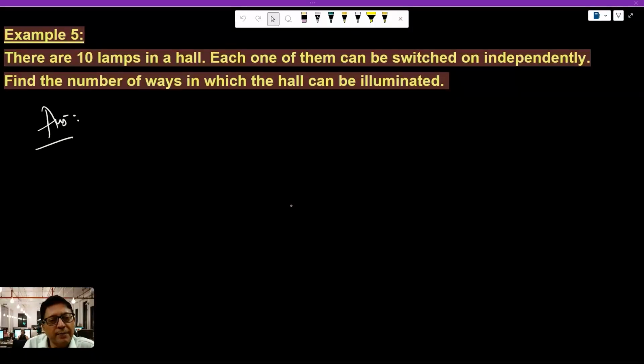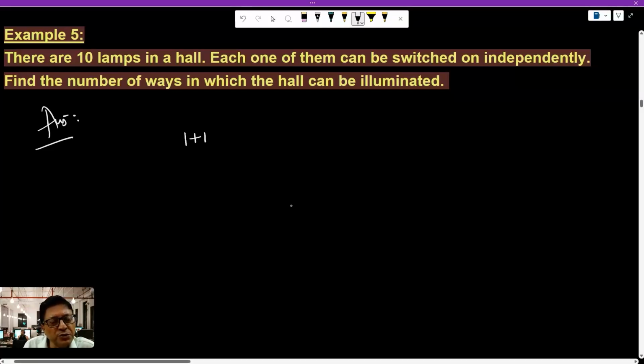For the first lamp, it can be on or off. So how many ways? Either switched on or switched off. 1 plus 1, 2 ways. Second lamp, either switched on or switched off. 1 plus 1, 2 ways. Third one, either switched on or off.